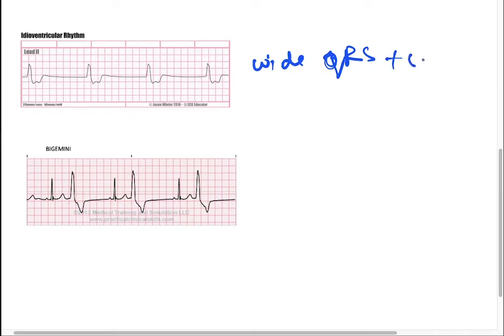As the ventricle itself is the pacemaker, it will be below the bundle of His, right, independent of P.